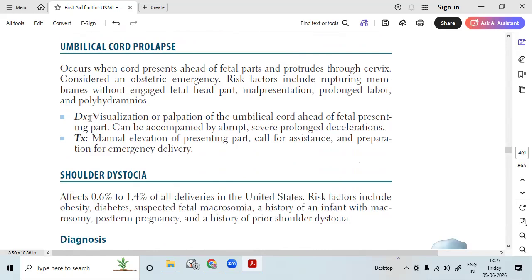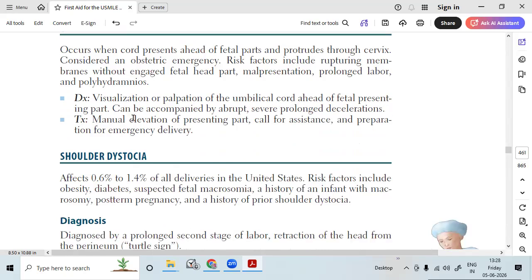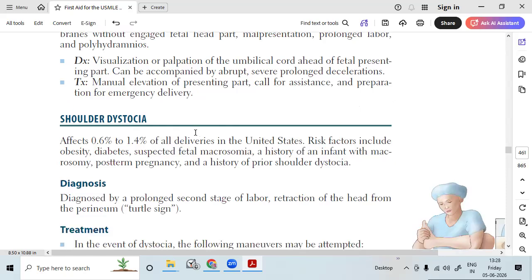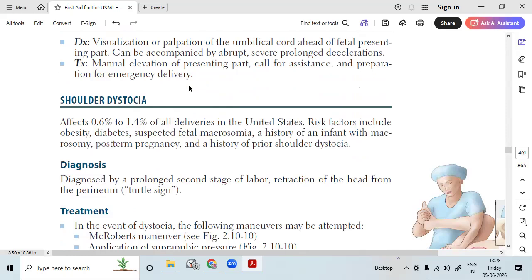You can see the cord hanging down the vaginal orifice. Treatment: we need to manually elevate the presenting part, call for assistance, and prepare for emergency delivery if you can. See that it's not wrapped around the neck of the neonate.